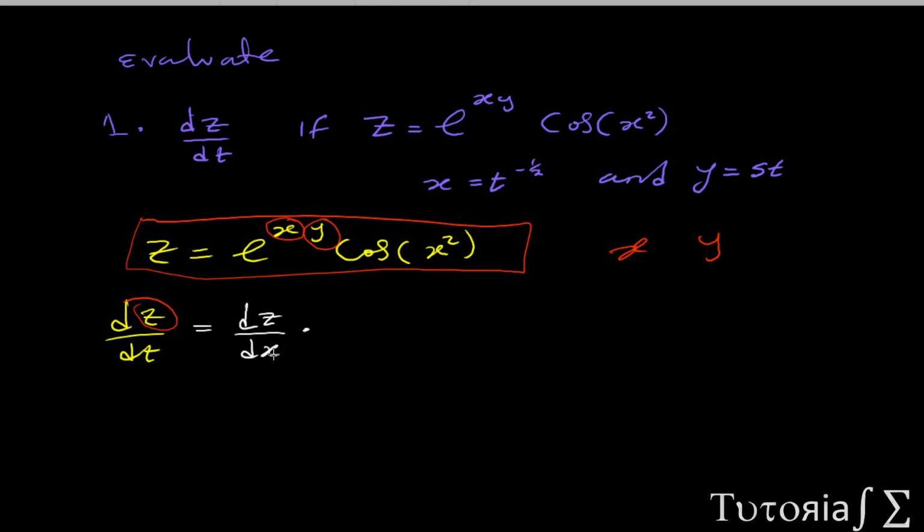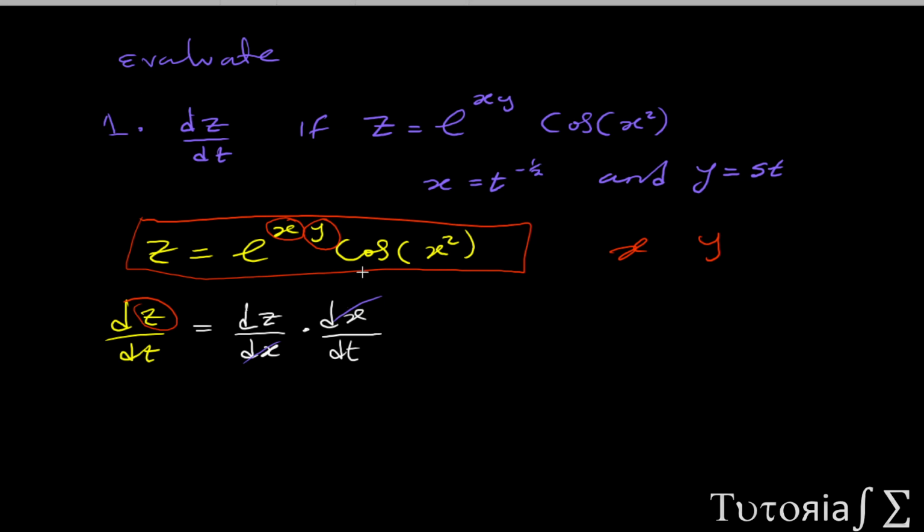then times dx, then with respect to t. Hypothetically, this means that the dx there and the dx there can cancel out, and we will remain with dz/dt.